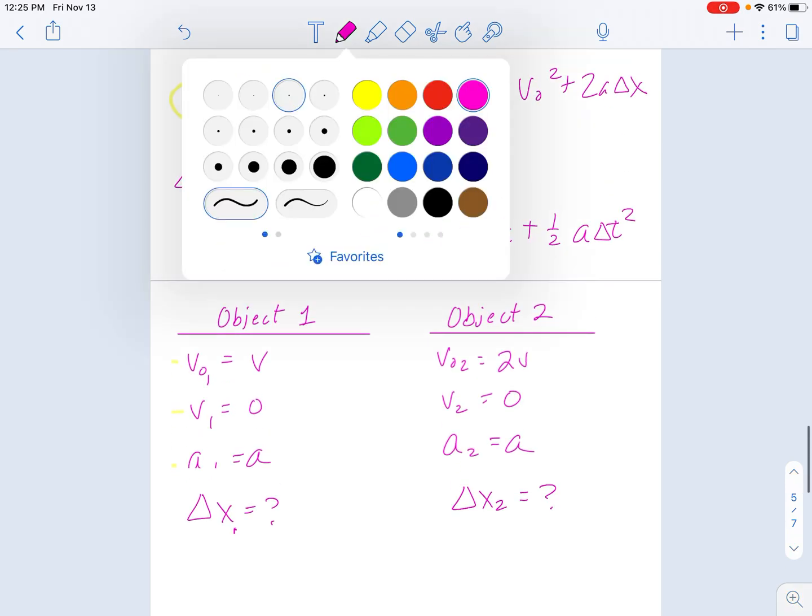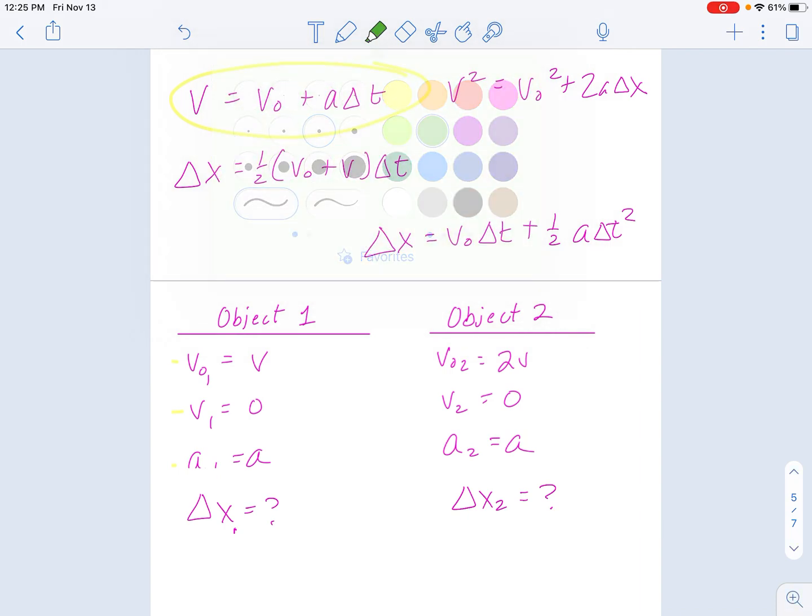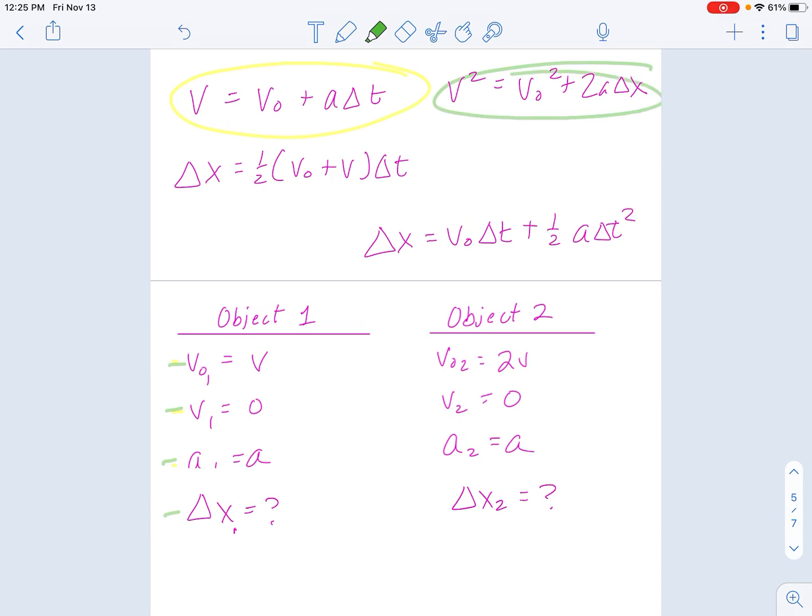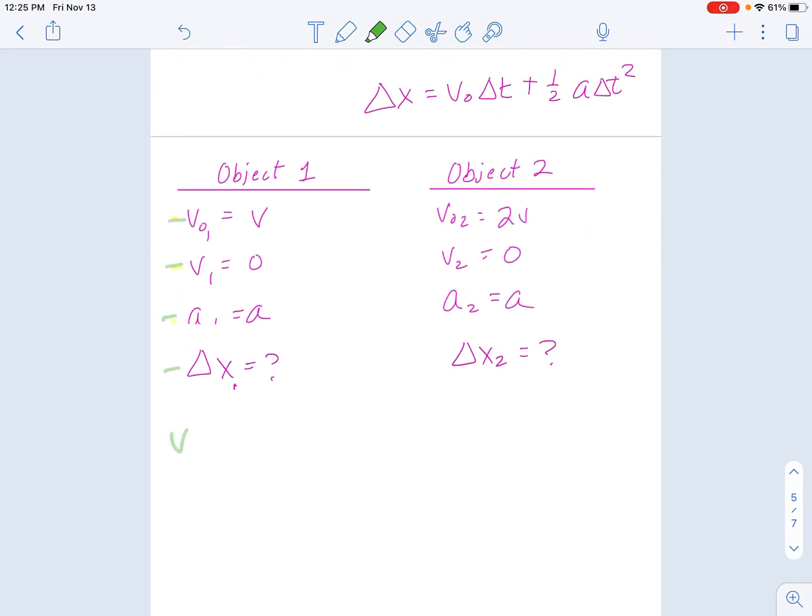And the equation that's going to work for me this time with initial velocity, final velocity, acceleration, and delta x is this one. So I'm going to write that. I'll write it twice, once for each. Helps me memorize it as well.